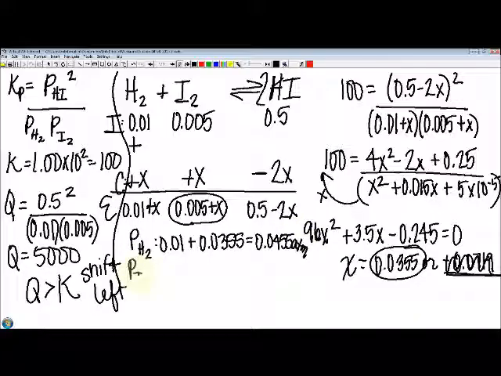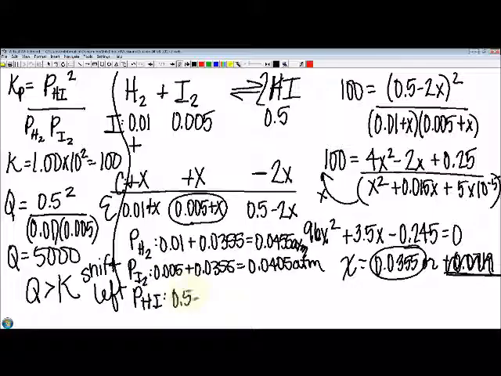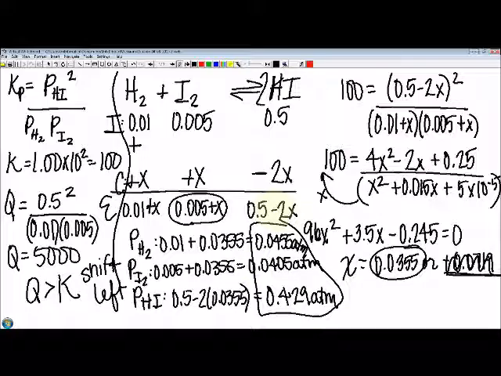The partial pressure of the I2, we take 0.005 plus 0.0355 to get 0.0405 atmospheres. And last but not least, our product, HI, is 0.5 minus 2 times our 0.0355, and that is 0.429. So here is our answer.